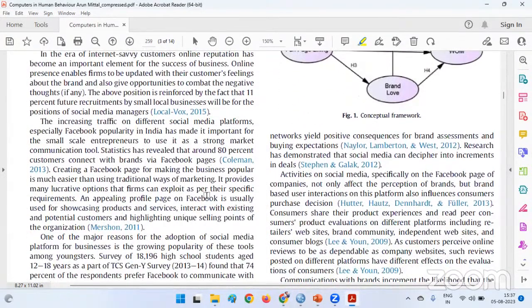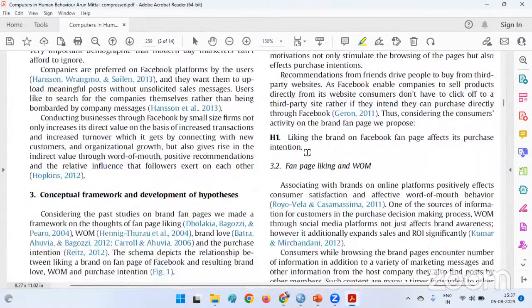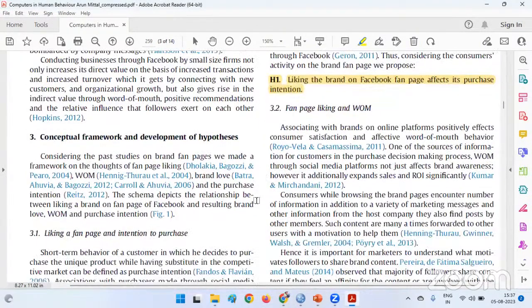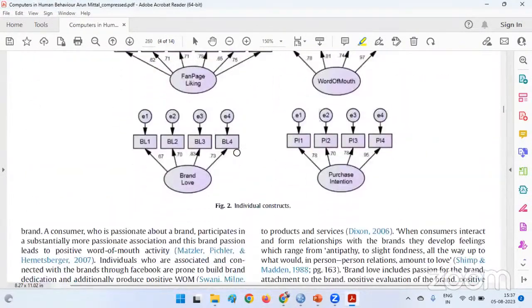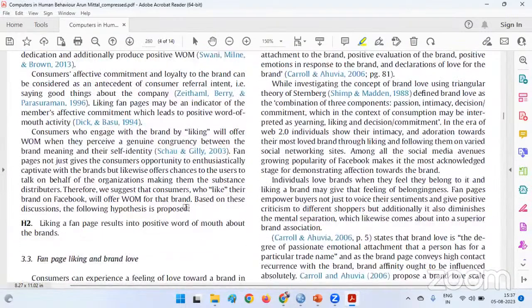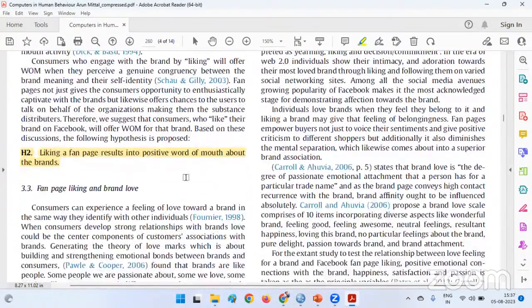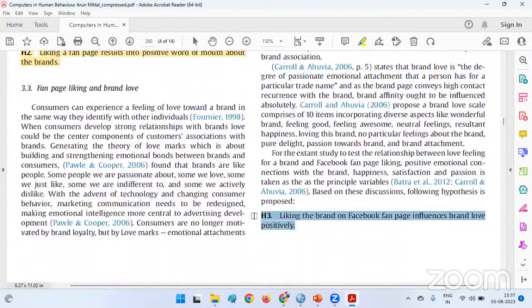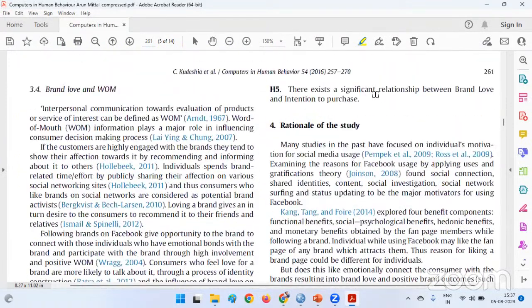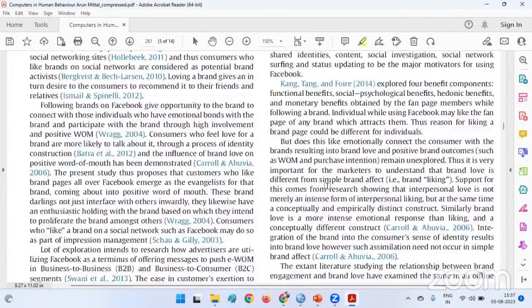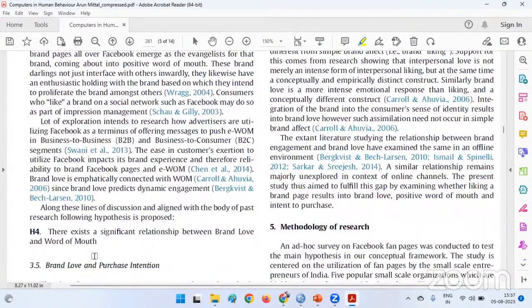This whole literature results in hypotheses. Hypothesis 1, then we'll have more hypotheses, hypothesis 2, hypothesis 5, somewhere we'll be finding hypothesis 4. So this is the whole story of hypothesis setting.